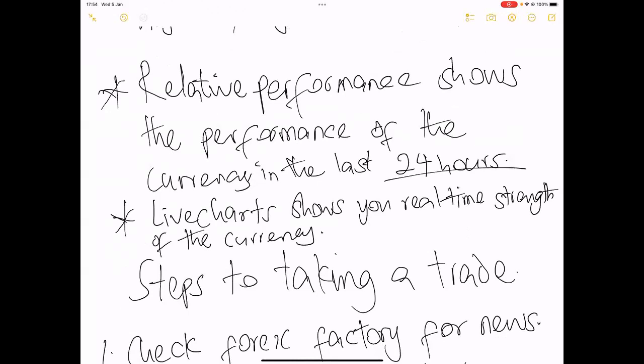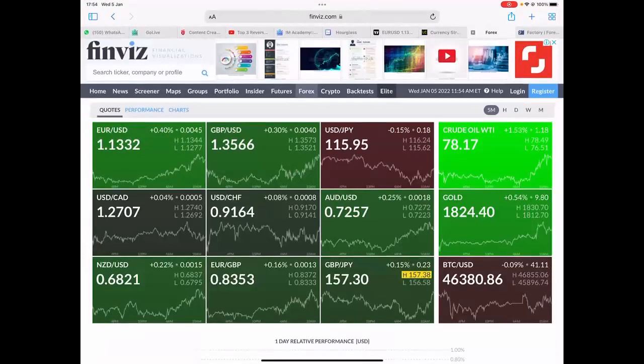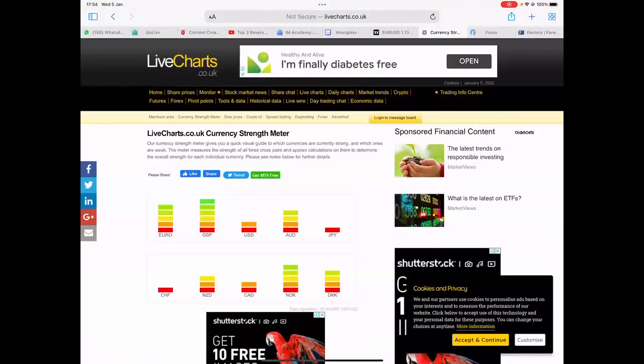Live charts show you the real-time strength of the currency, as a live chart shows you. So after checking what I can do in the next 24 hours, I come and check what I can do right now.